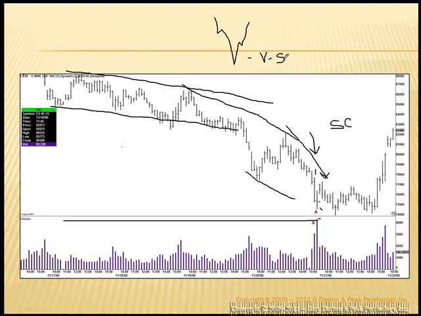V-spike reversal. These happen about 10 to maybe 15% of the time. So they're not worth thinking about too much. When you recognize them, they create quite a vacuum on the other side, and they can be very good.